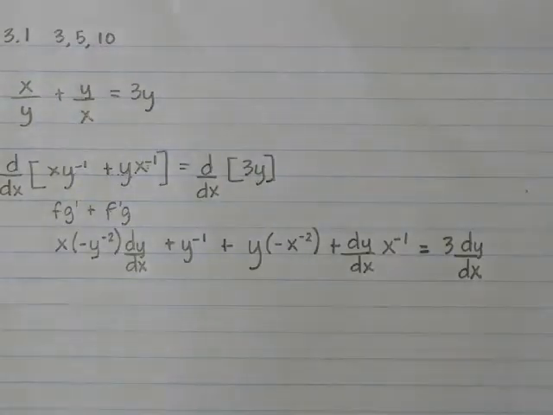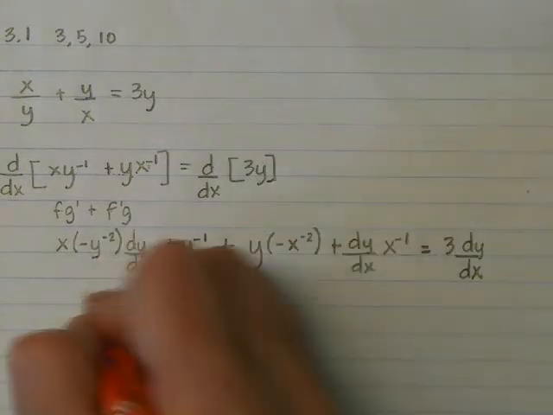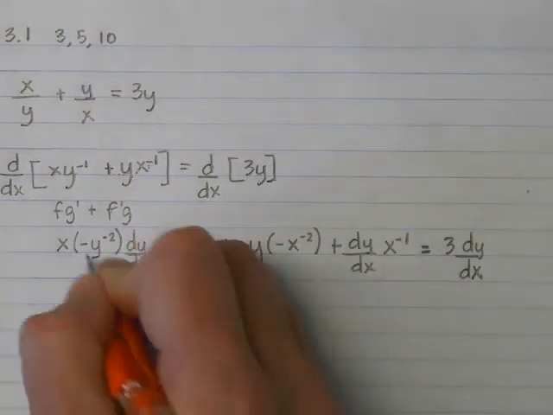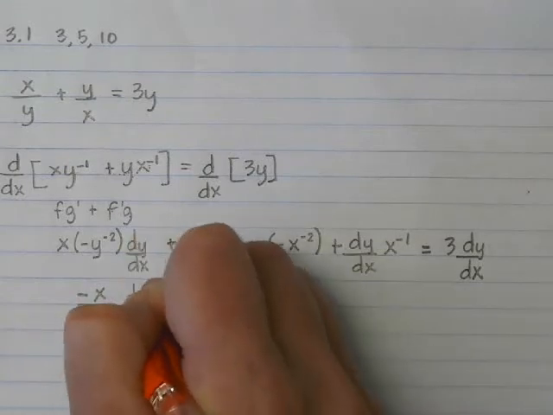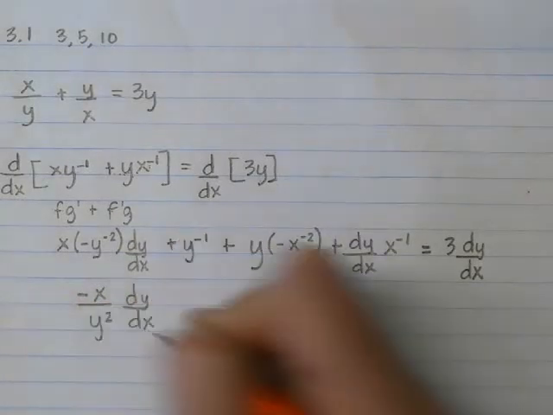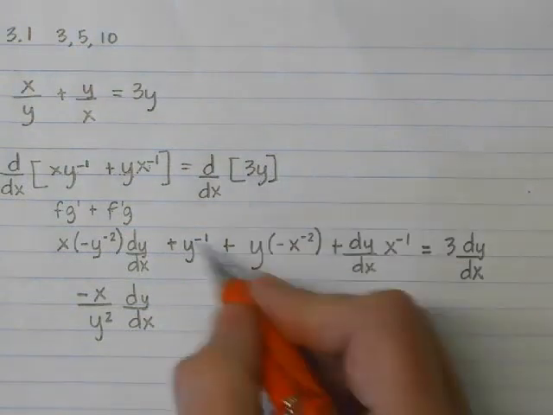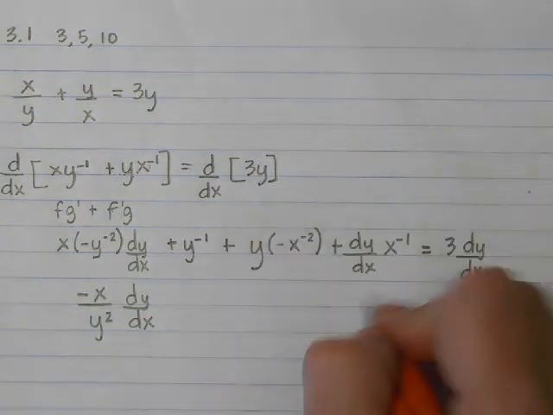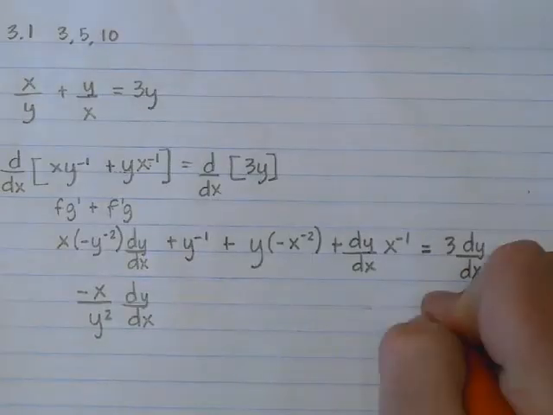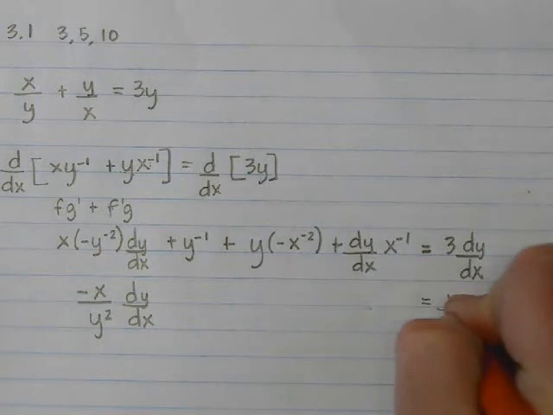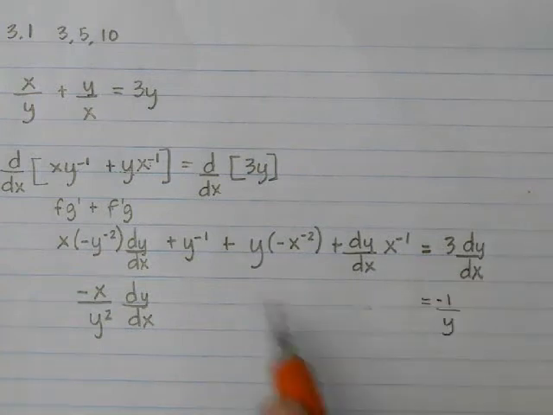Okay, so now we got a big mess on our hands. Let's see if we can get all the dy/dx's over to one side. I found it easier to rewrite this as negative x over y squared dy/dx. This is 1 over y. That's going to go over to the right-hand side, and it's negative.